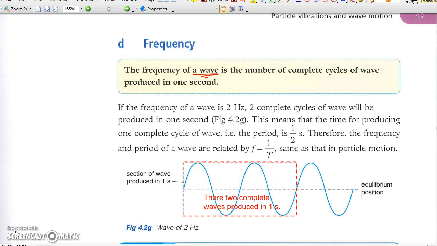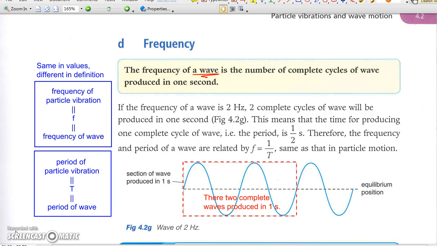Well, interesting. The frequency and period of a particle vibration also have a similar relationship, and you can also see we use the same symbols f for both frequencies and T for both periods. In fact, the frequency of a particle vibration and that of a wave are different in definitions, but same in value.